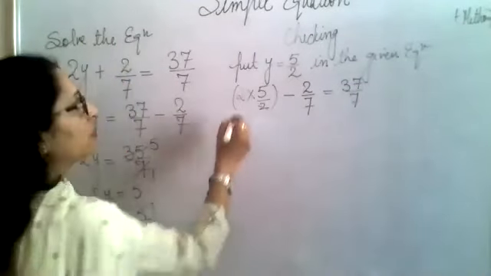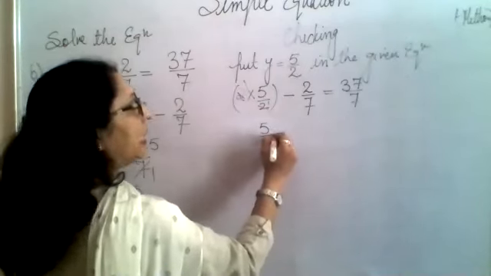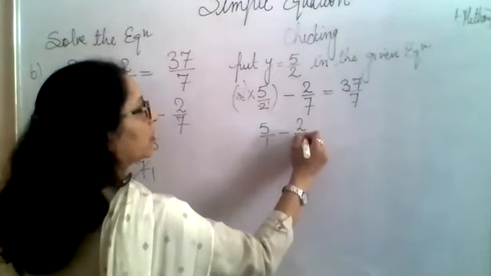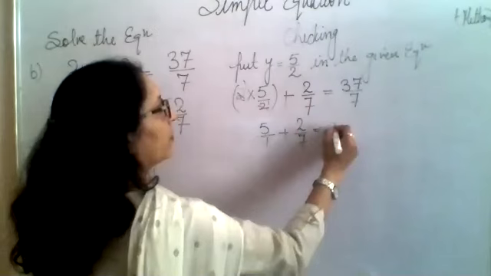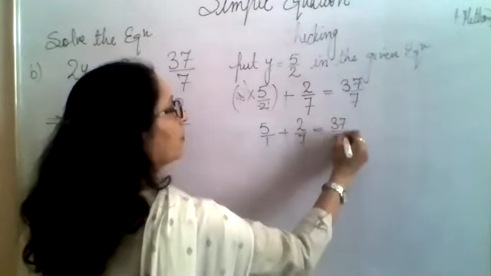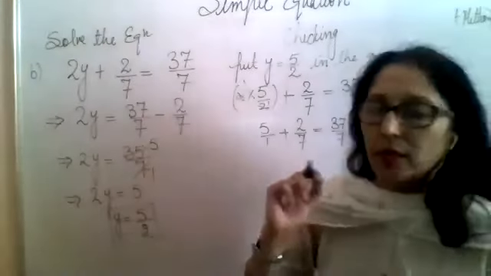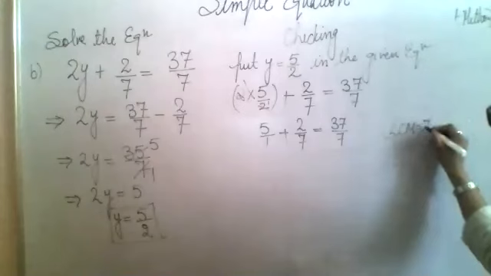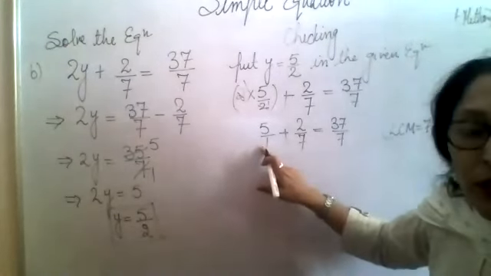2 1 is the 2. Cancelled. What is left? Intentionally I am writing 1. LCM of 1 and 7 is 7 only. So LCM is 7. So how will you make 7 in the denominator?